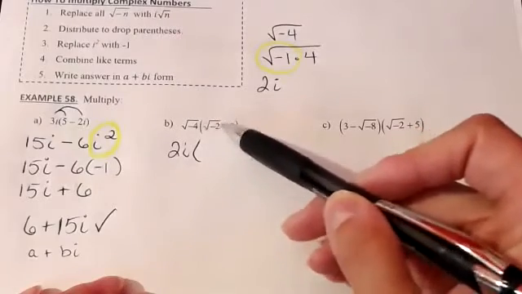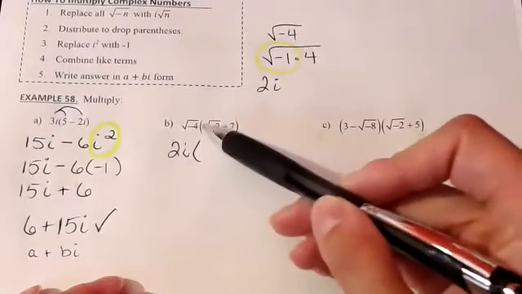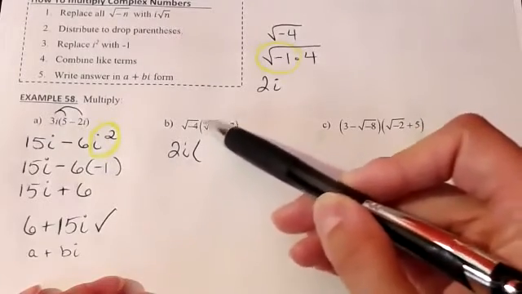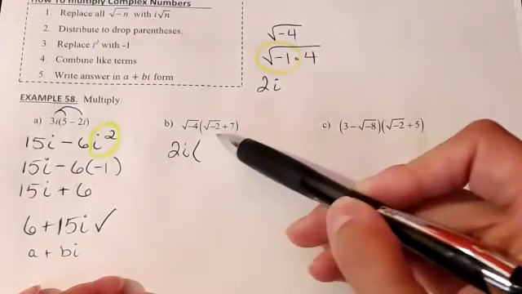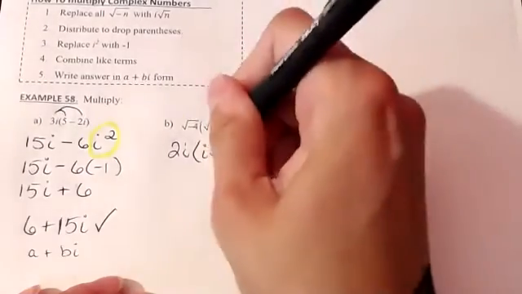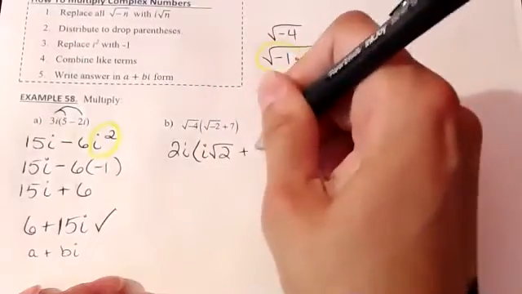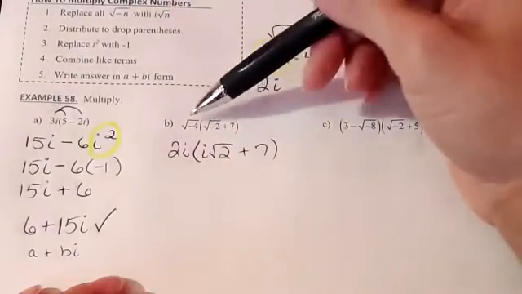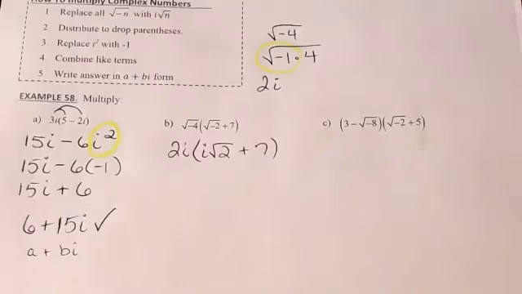Here, how would I rewrite this? I have square root of -2. What's the only way I can rewrite this? i square root of 2. Yes, i square root of 2. Very nice. And then we have +7. Good. So we've converted each of them first.